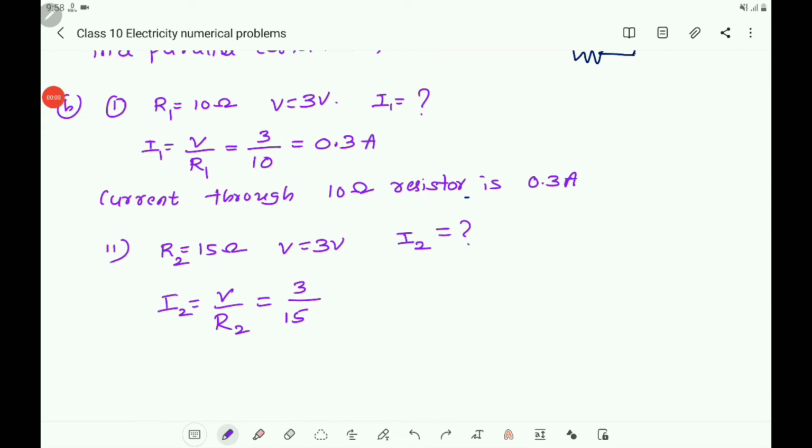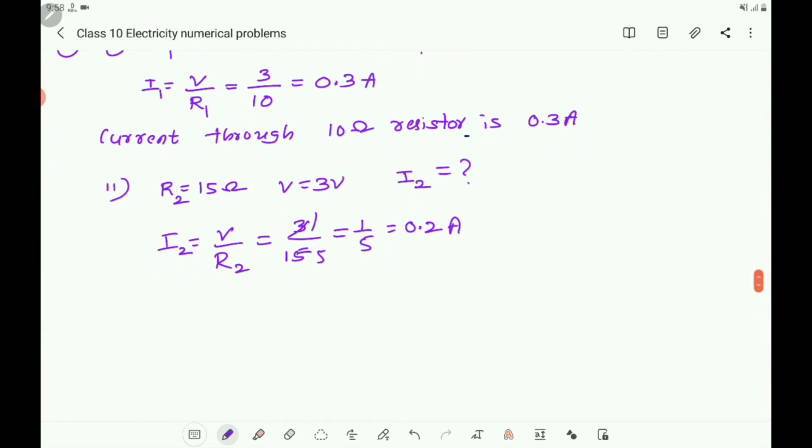So it becomes 3 by 15, which is 1 by 5, that is nothing but 0.2 amperes. So the current through the 15 ohm resistor is 0.2 amperes.